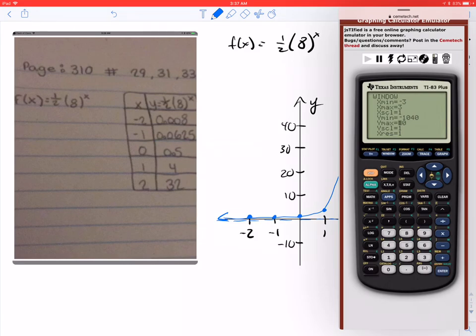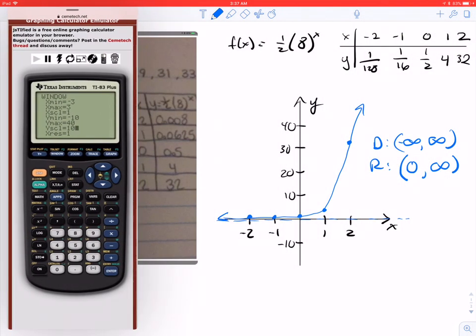So that way it'll match the drawing that I have, okay? So with this viewing window, and provided I put it in correctly, we should get a graph that looks fairly close to what we drew by hand.